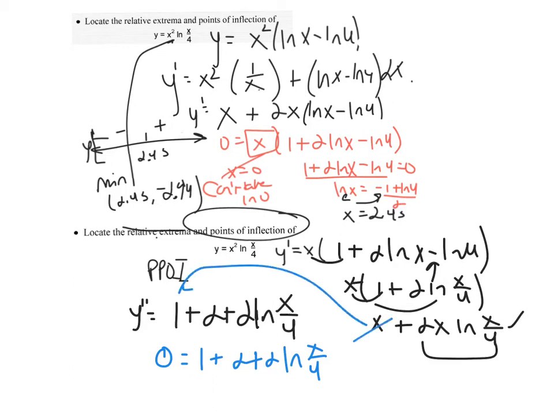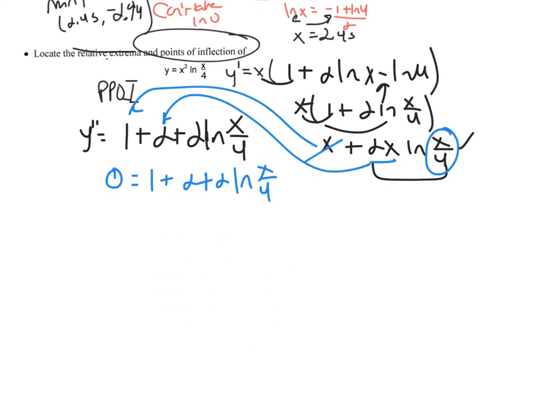Then product rule: first, which would be 2x, times the derivative of this. Remember, the derivative of that comes out to 1 over x, so it simplifies to 2. Just as a heads up, I skipped some steps there, so if you were confused for a second, that's what it should be. And then second times the derivative of the first, which is, again, 2 ln of x over 4. Okay, so let's solve.